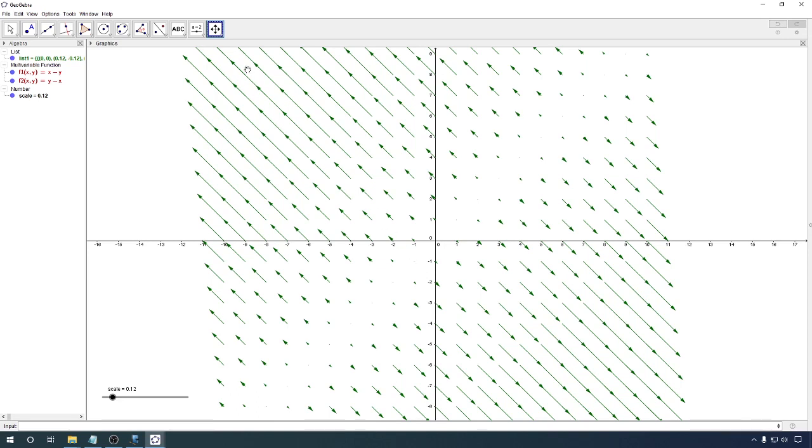So when we say this is pointing away from the line y equals x, that means that our function is increasing away from that line. As we get further and further away, it's actually getting steeper and steeper. We're increasing faster the further away from that line we are. And it's actually not increasing at all on the line y equals x.